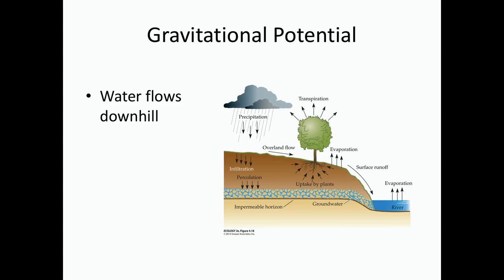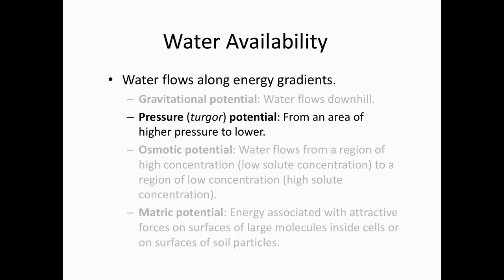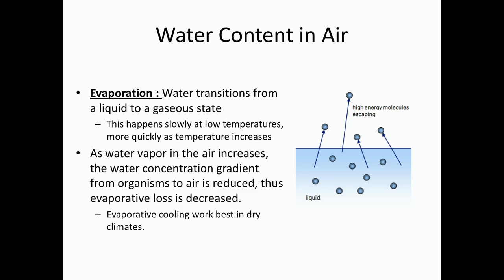Okay. In addition to gravitational potential, water is also subject to something called pressure or turgor potential, and this means that water will move from areas where it's under higher pressure to an area where it's under lower pressure. The most common example of this is something called evaporation. This is where water will transition from a liquid, where it's much more compact, to a gaseous state, where it's much less dense.